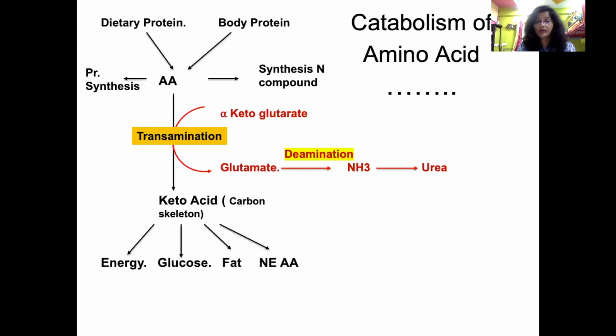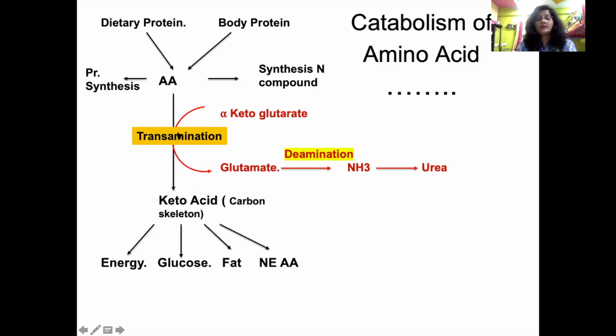Now, what is transamination? By its literal meaning, it is a transfer of amino group. It is a transfer of amino group from an amino acid to a keto acid, which leads to the formation of a new pair of keto acid and amino acid.